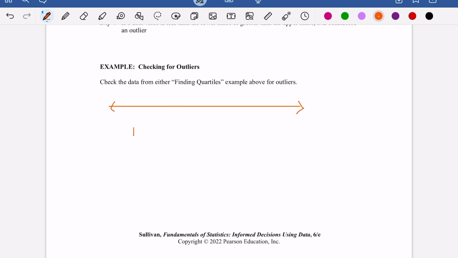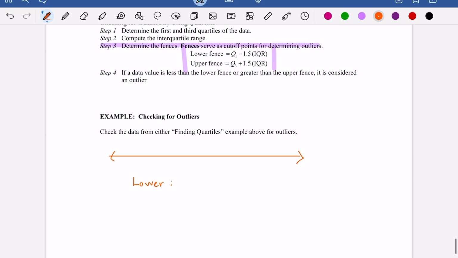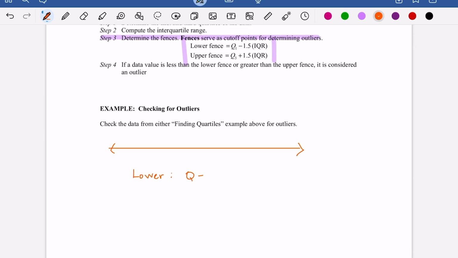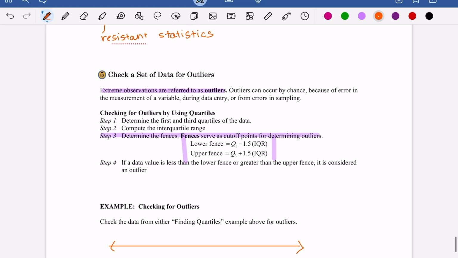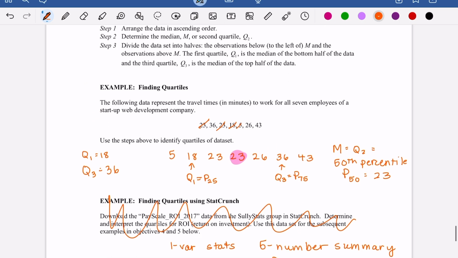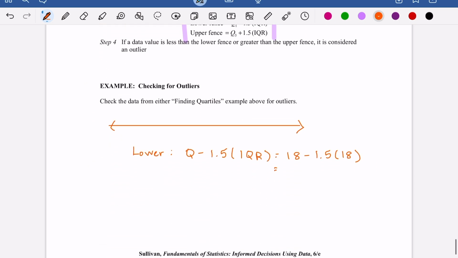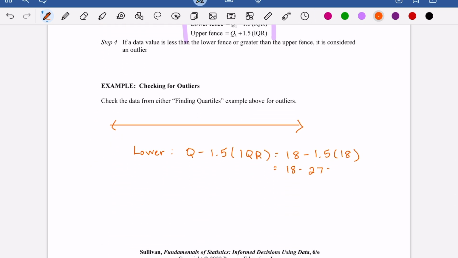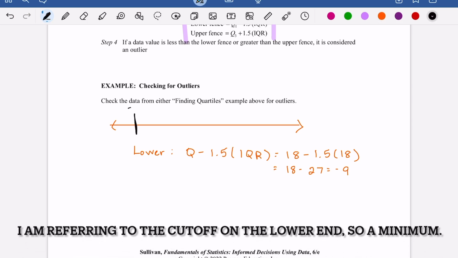So for my lower fence, it is your lower quartile, Q1, minus 1.5 times the interquartile range. So I take my lower quartile, which was 18, minus 1.5 times 18. This shows me that my lower fence, and I'm double checking my numbers here, is going to be 18 minus 27, which is -9. So -9 is the cutoff for things to be an outlier.